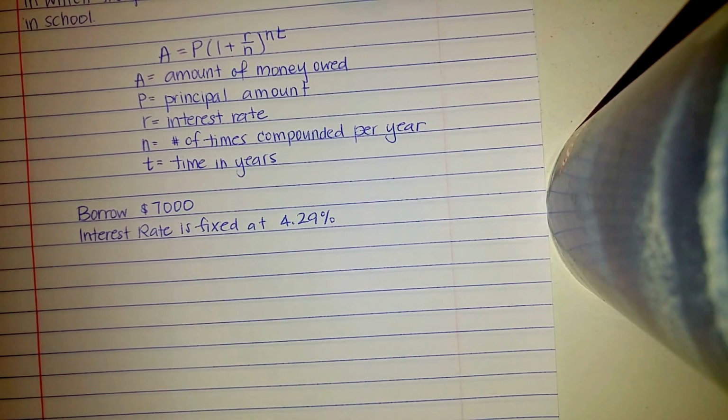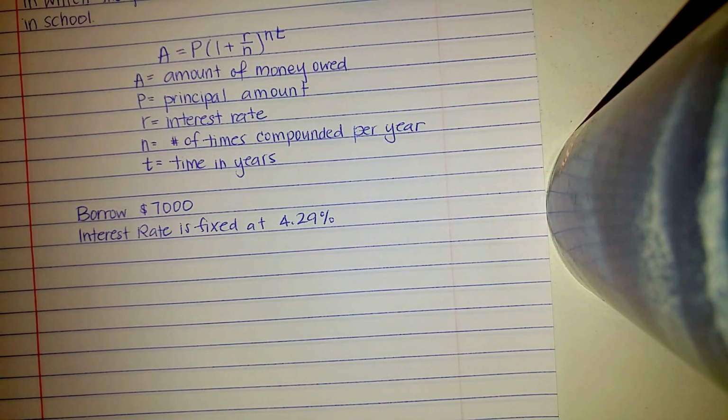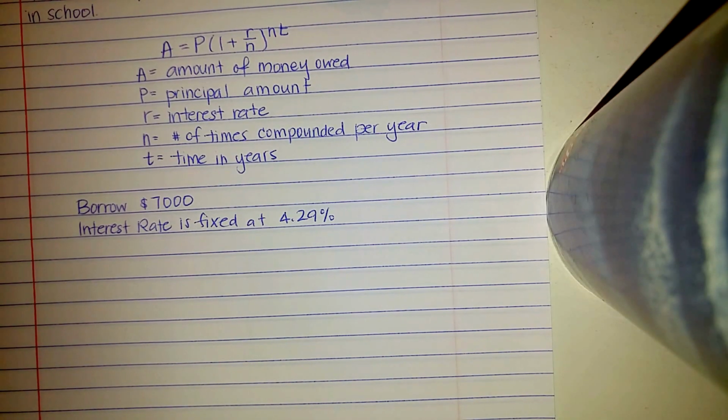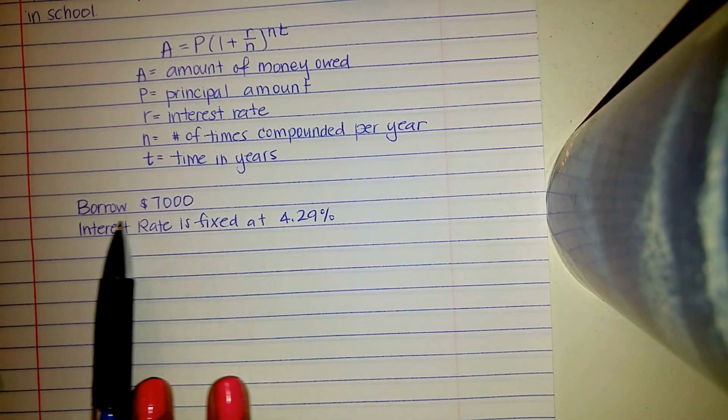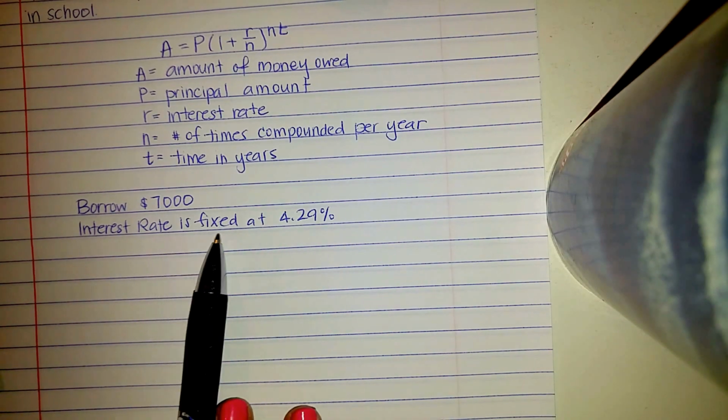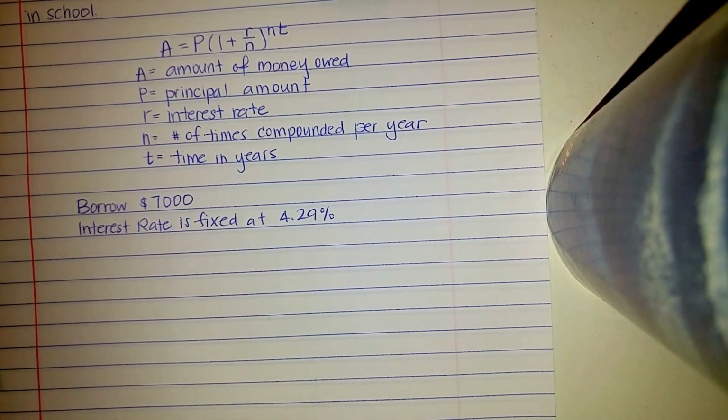Now, fixed means the rate does not change. There are some loans out there where the interest rate fluctuates over time. It can go up, it can go down, it never remains the same. Most subsidized loans have fixed rates. They remain at this amount.